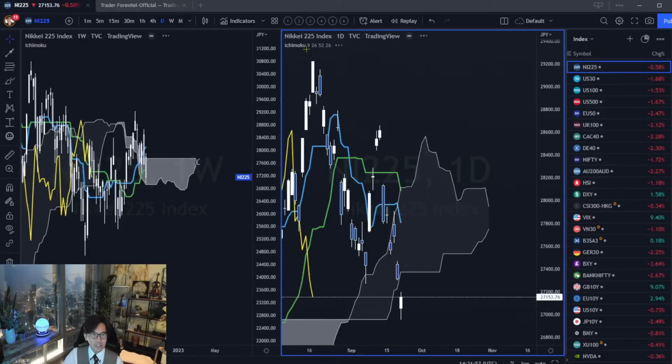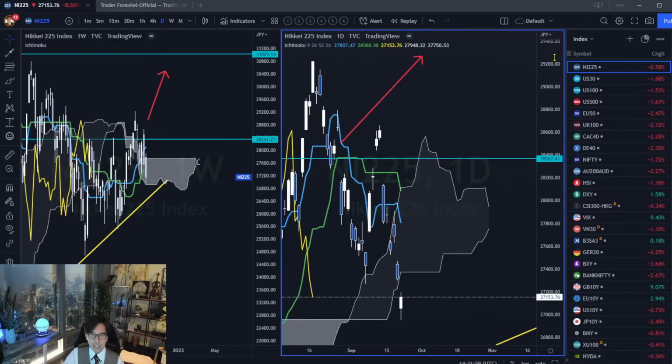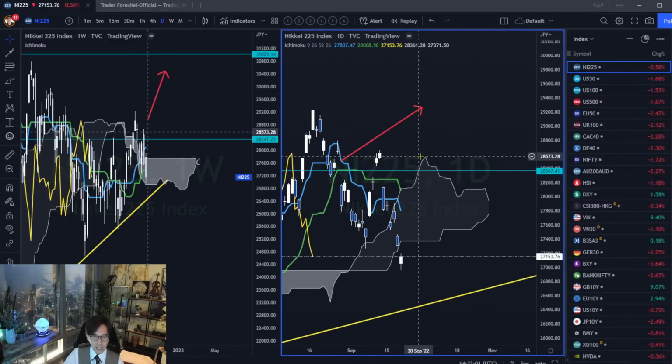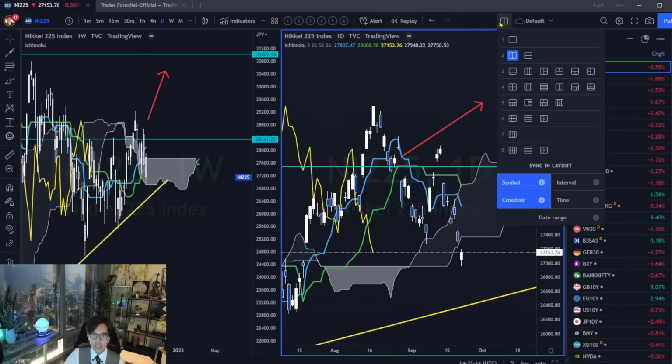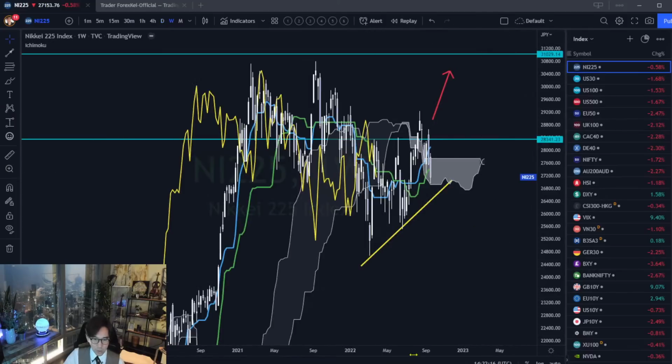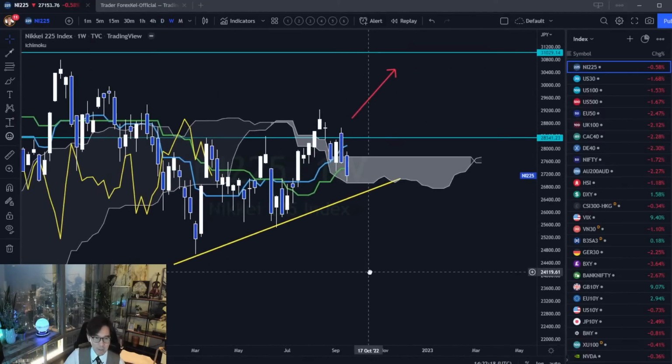First, let me cover Nikkei. As for the indices, I don't usually check the daily because daily is too choppy and has too many gaps between the candles. So in my opinion, it's better to check the weekly to capture the trend on these markets. So here is the Nikkei weekly time frame.